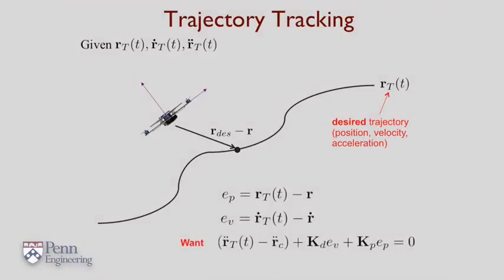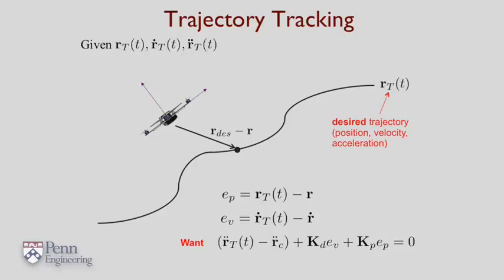Let's define the error vector as r desired minus r, r desired being the same as r sub t. The velocity error is given by the derivative of the position error. And what we really want is for this error to decay exponentially to 0.